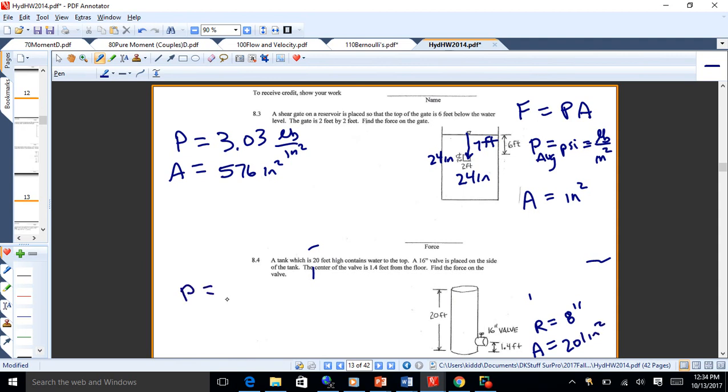And then the pressure on that one is 8.05 pounds per square inch. Okay. So that's how that one works.